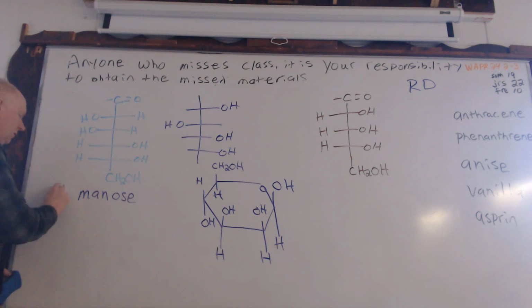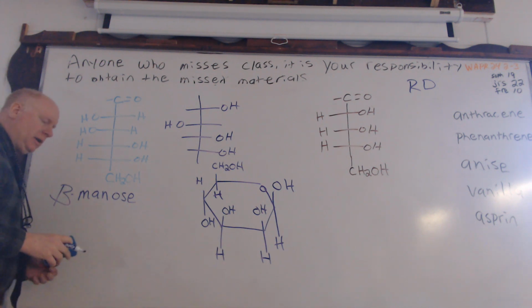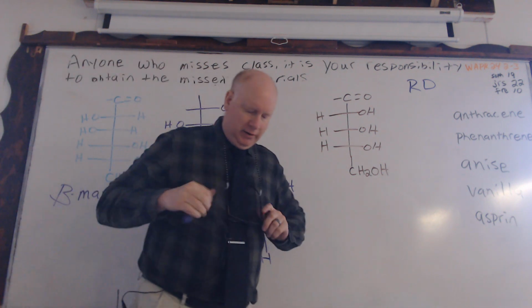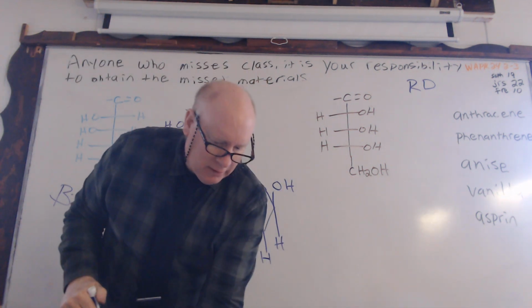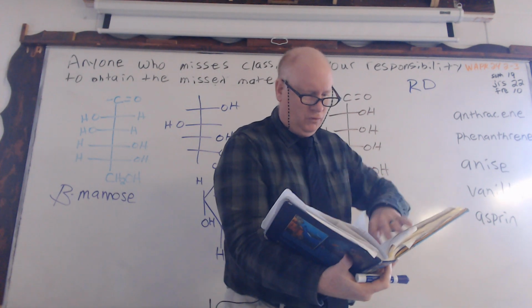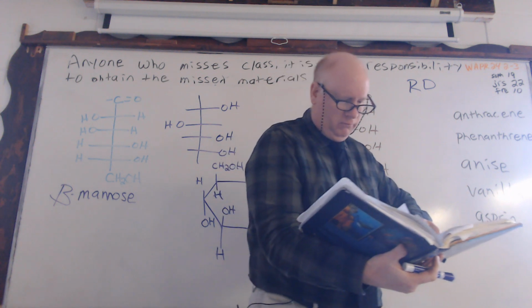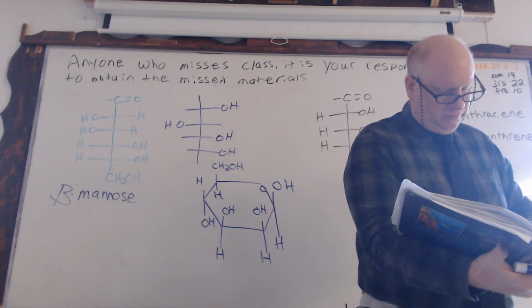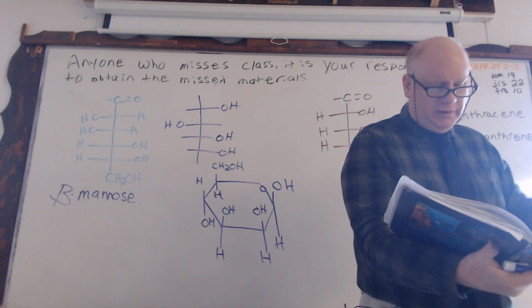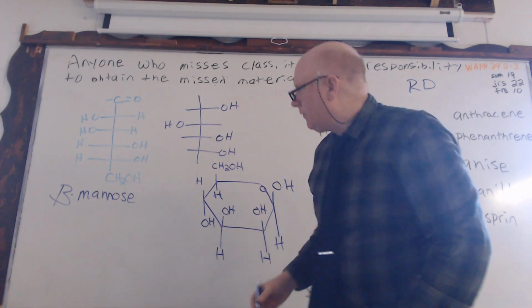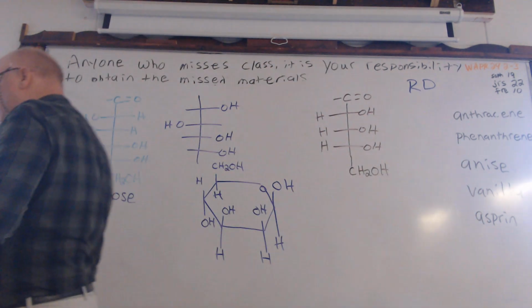In this case, you would do that, yes. Beta D mannose. I think there's 2 N's in there. That's actually a good question, so let me quickly take a look. Yes, 2 N's, M-A-N-N-O-S-E. Okay.